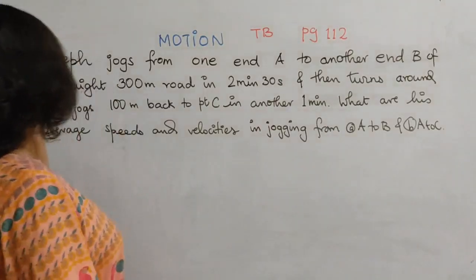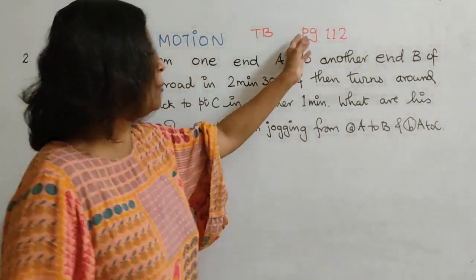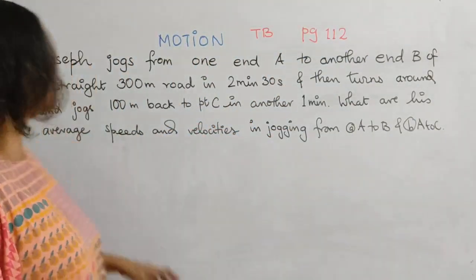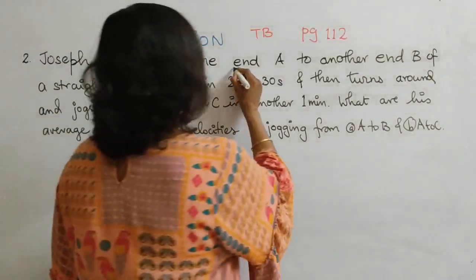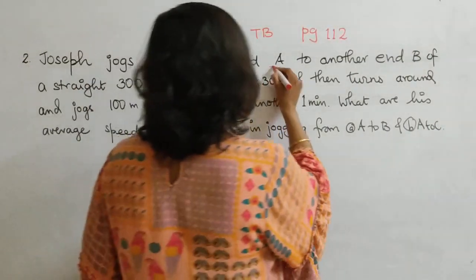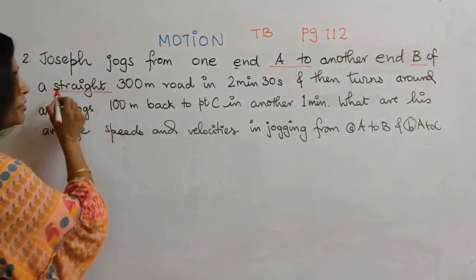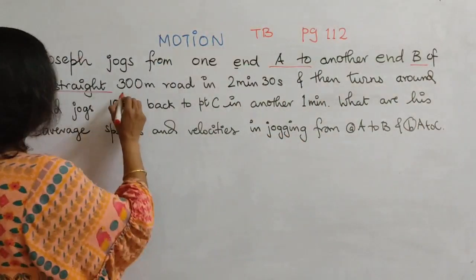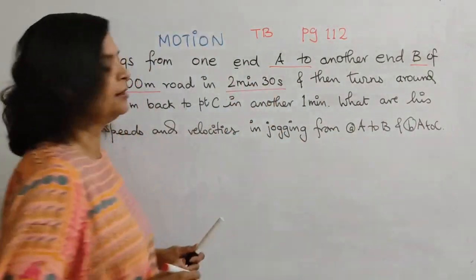So, the second sum of the textbook exercise from page number 112 is: Joseph jogs from one end A to another end B, A to B of a straight, this matters a lot, 300-meter road in 2 minutes 30 seconds.